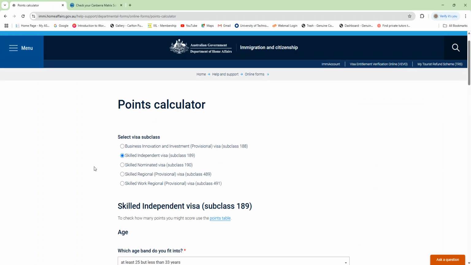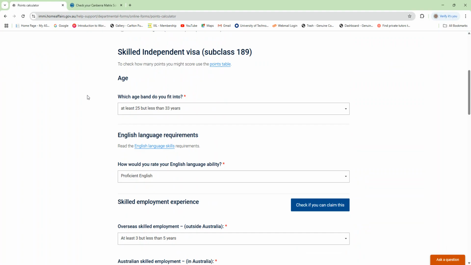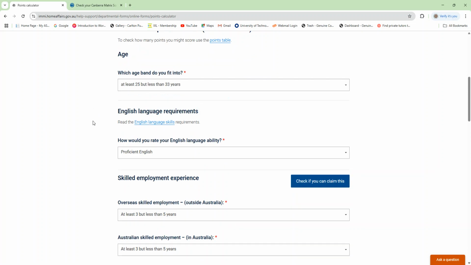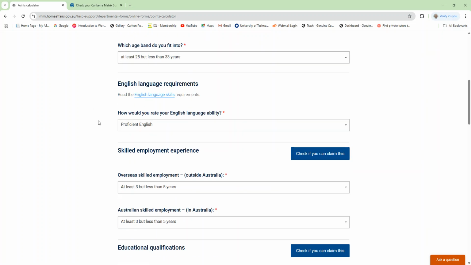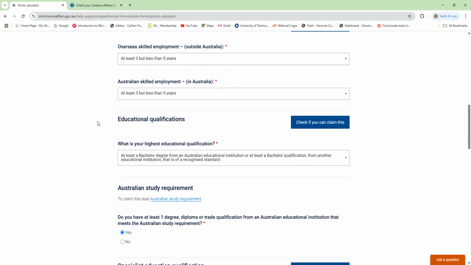For example, this area: the points you got here are not in the Canberra matrix. And for English, your partner can't get six; to get points, your spouse must have at least completed English, and like those.